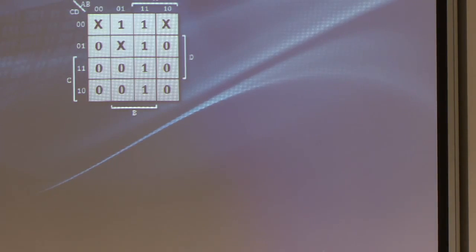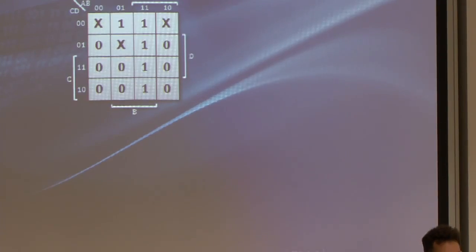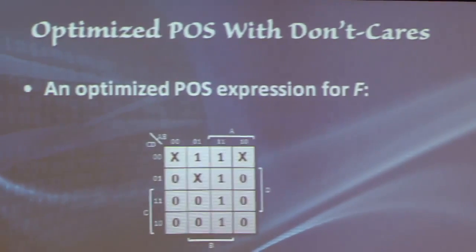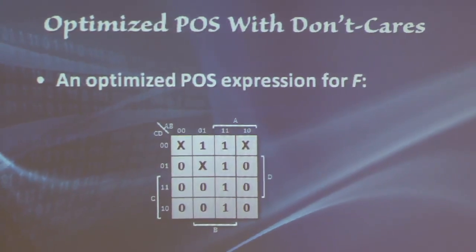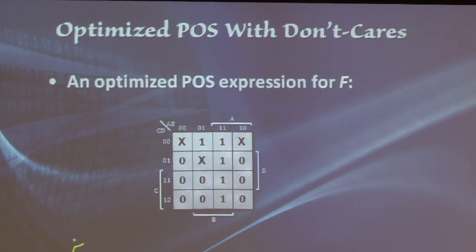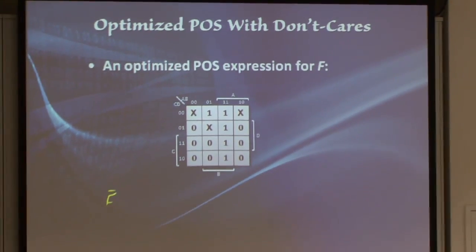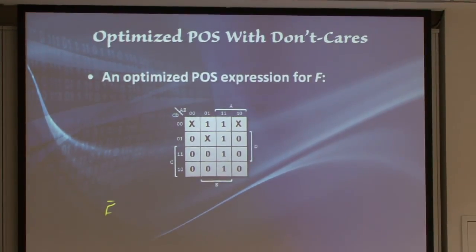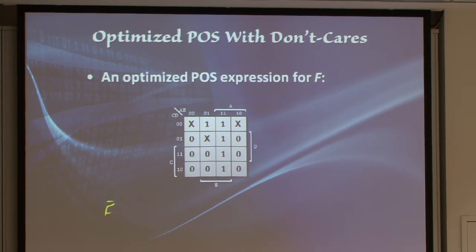Now, you can do the very same thing, and this is, by the way, the same function that I just looked at, finding a product of sums expression for f. So just like before, I will find the expression for the complement of f. So I will start circling groups of zeros.